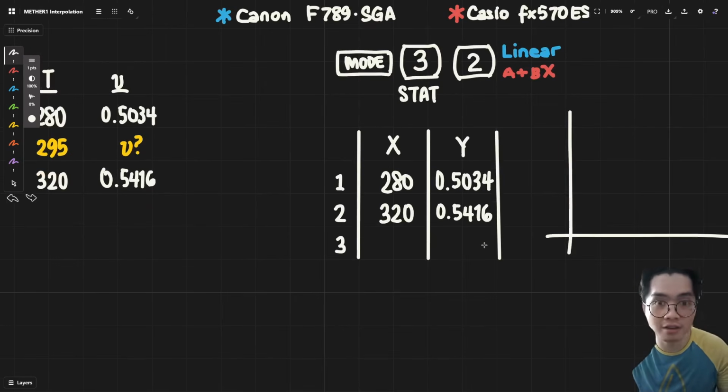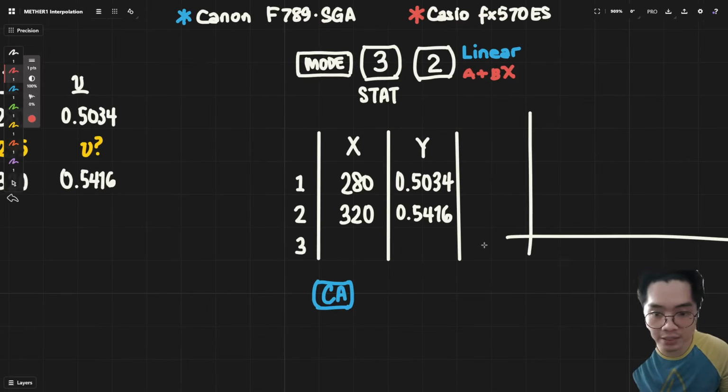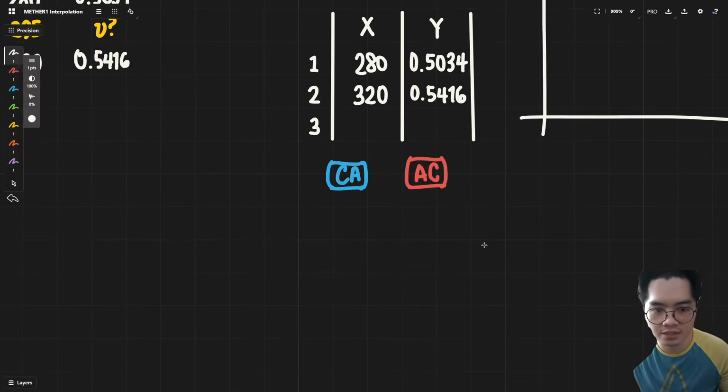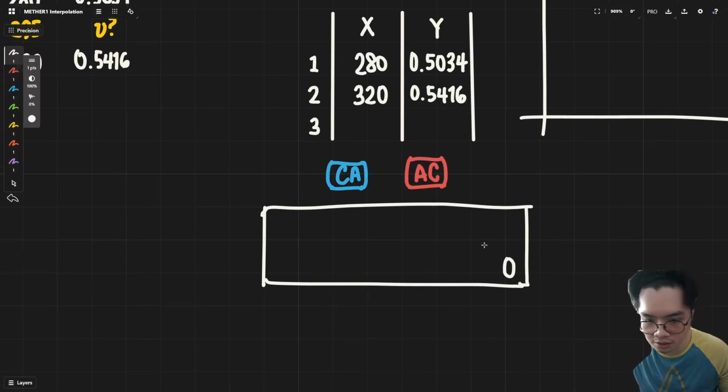Now, once you've punched in these values, what you can now do is press, for your Canon F789 SGA, CA, and for your Casio, press AC. Either of those. So you press it, and now what you will see is this screen right here, where it says 0 down here, and there's a blinking cursor.